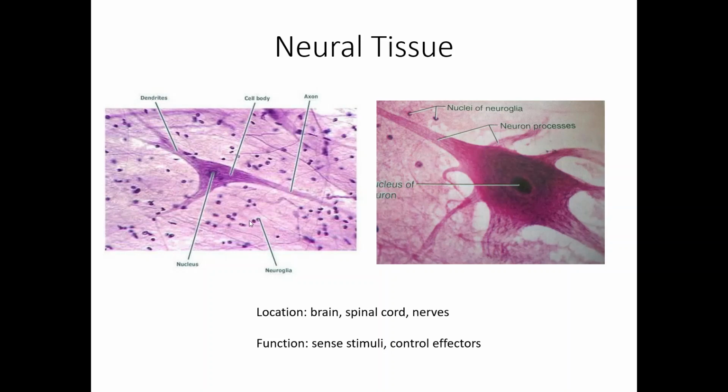So just make sure you check your lab list to make sure you know whether or not you need to learn a couple of these additional words or not. But students usually don't have trouble recognizing neural tissue because there's only one type. And that concludes our discussion on muscle and nervous tissue.